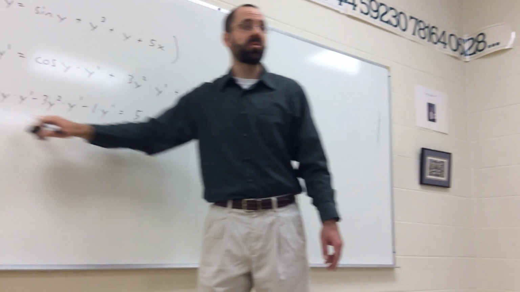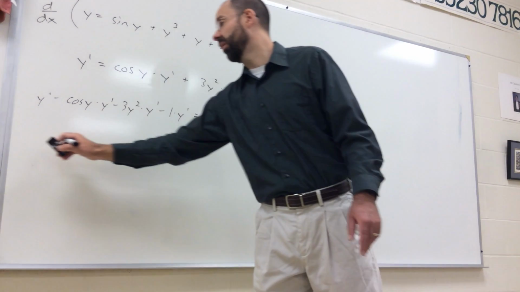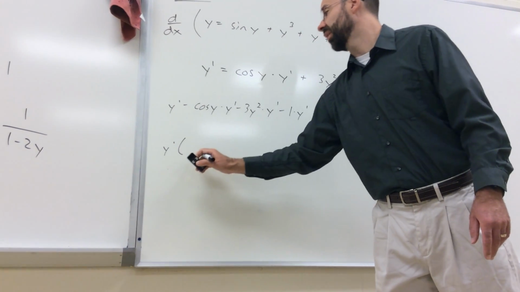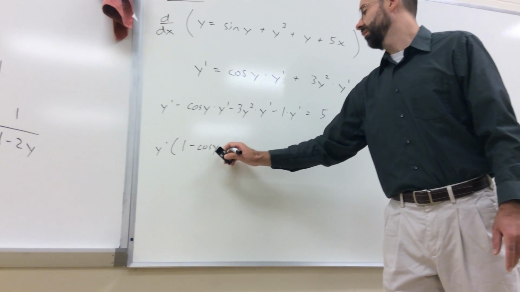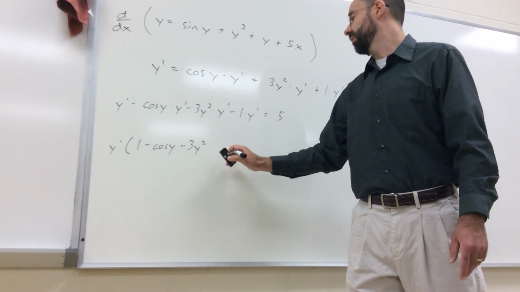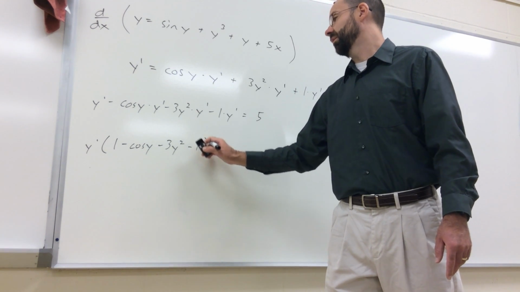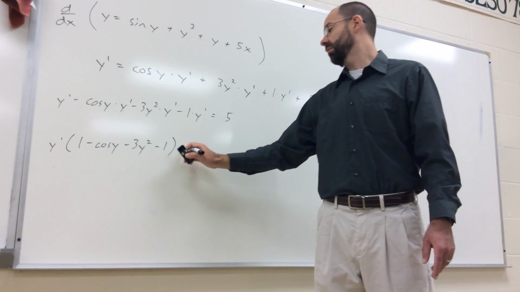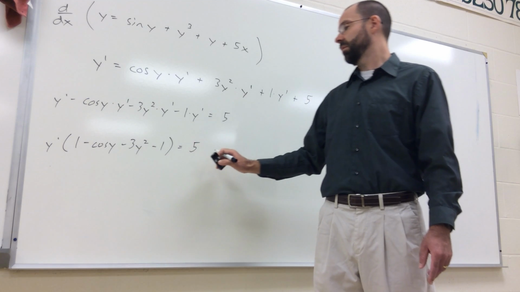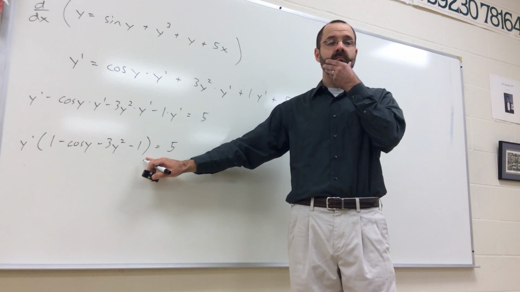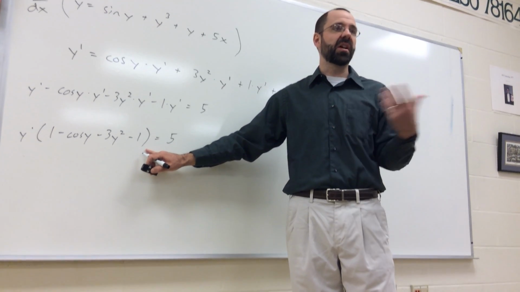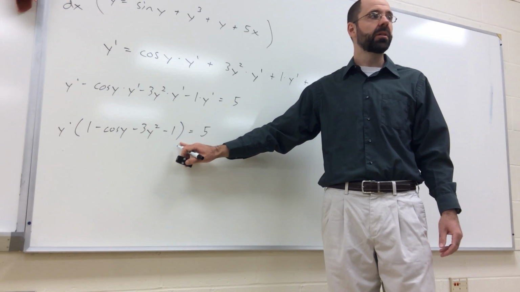So then once you get all the y primes on the left side, you factor out the y prime. So it's y prime times 1 minus cosine y minus 3y squared minus 1. So I just pulled out the y prime because that was multiplied by everything over there.